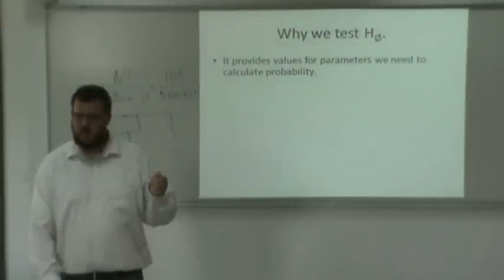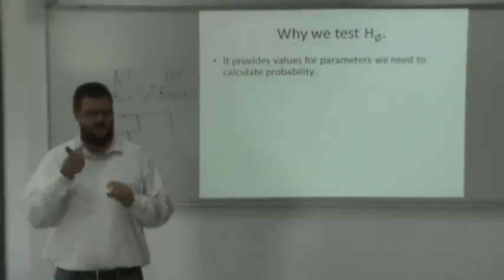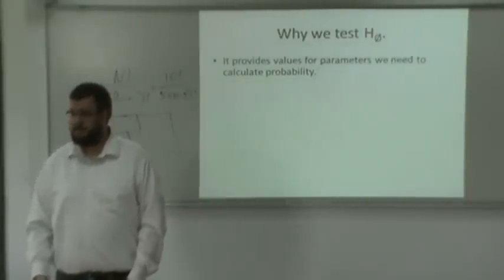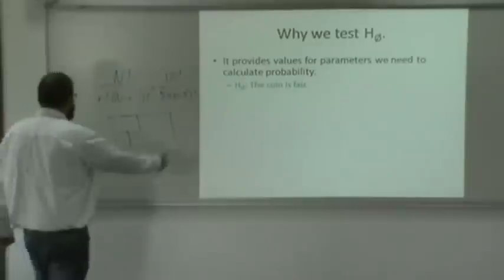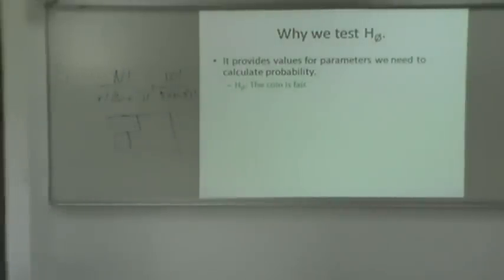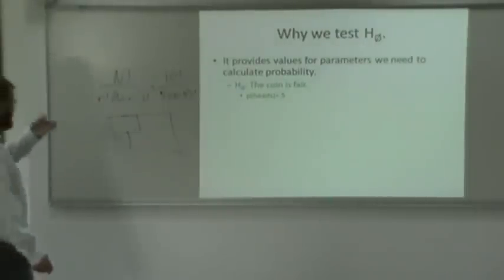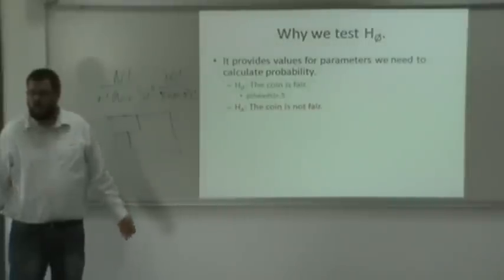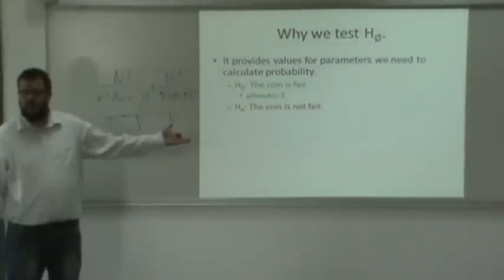Once we have those, then we can calculate the p-value for any number of heads or tails that pop up, right? So, the null hypothesis is the coin is fair. This tells us that the probability of heads is equal to 0.5. The coin is not fair? We have no idea. We don't have a starting point.